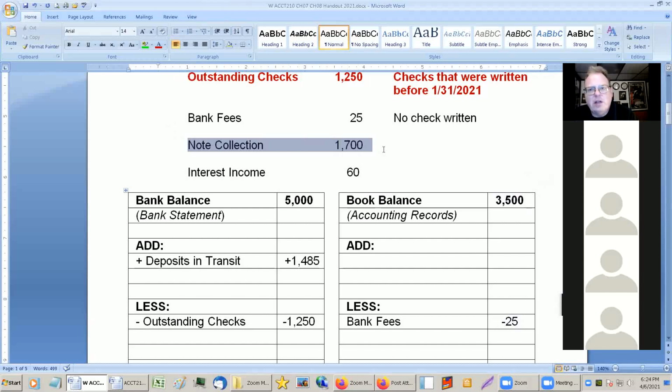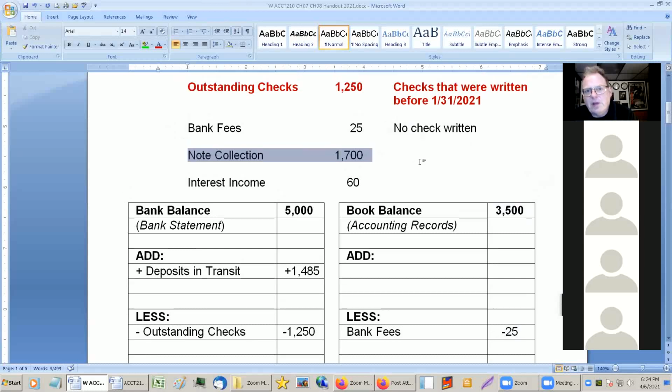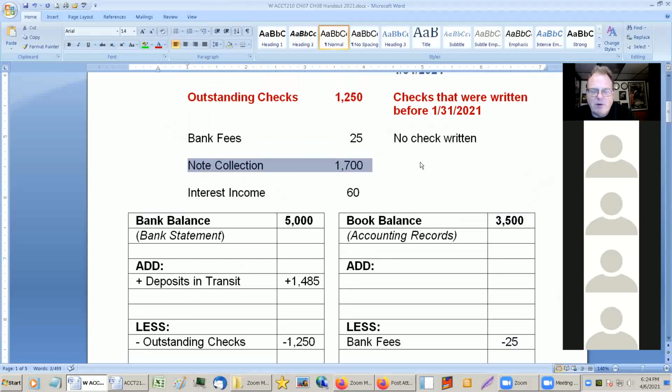Okay, note collection. And this one's a little bit tricky, and the question is, well, what is a note? A note is basically a post-dated check. It's a legal document.